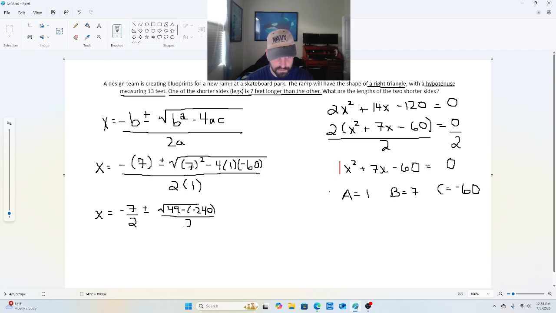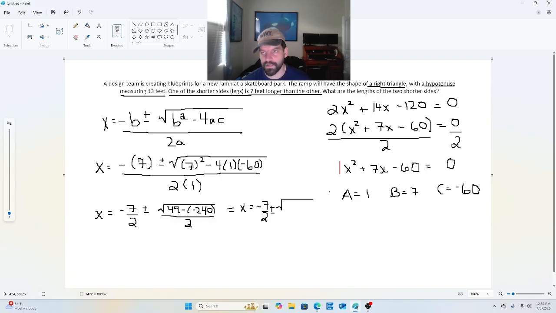Okay, and that's all over 2 still. And then this is going to simplify to x equals negative 7 over 2 plus or minus the square root. So be careful here with your double negatives.